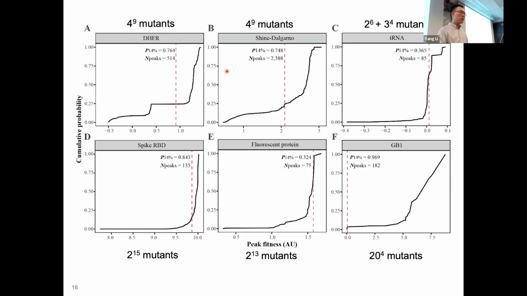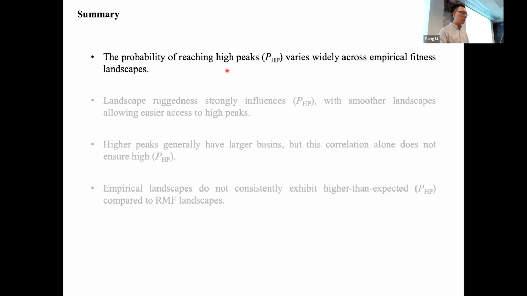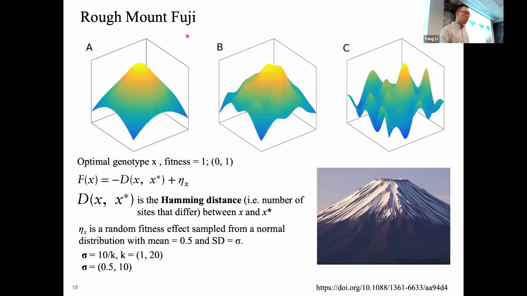So it seems they are not directly comparable. So we're using a theoretical landscape. This one is called Rough Mount Fuji. The name comes from the Japanese mountain, Mount Fuji.